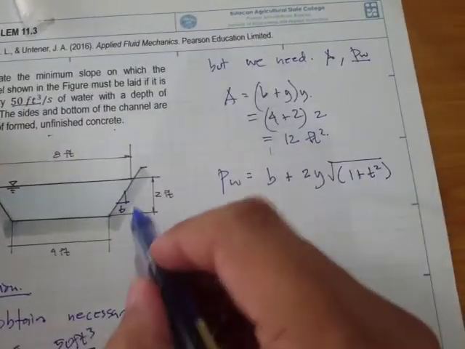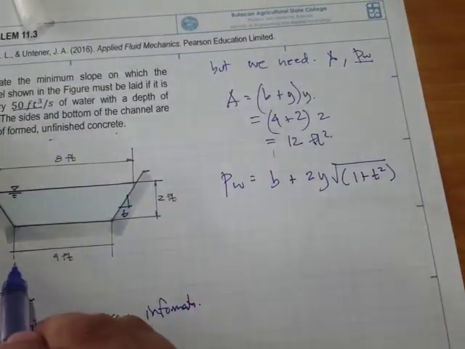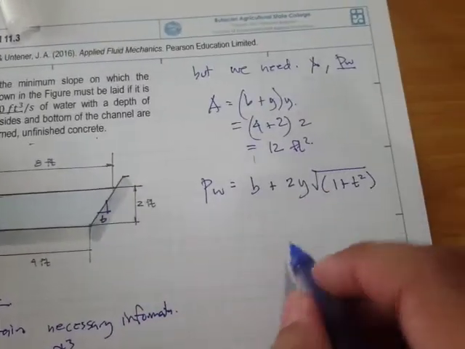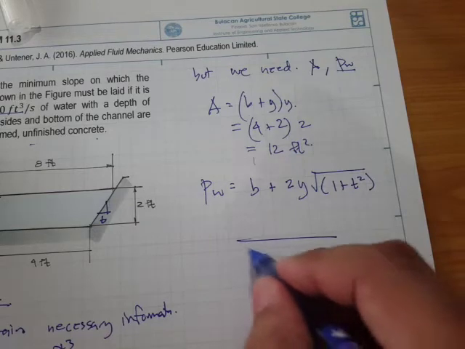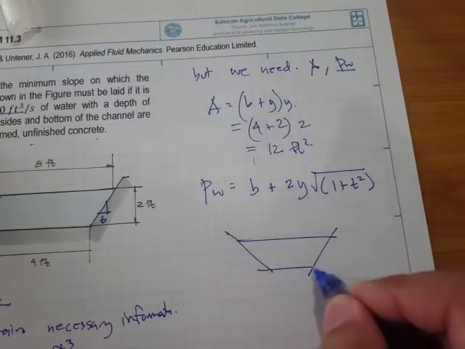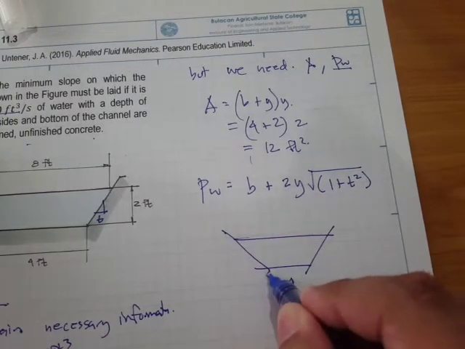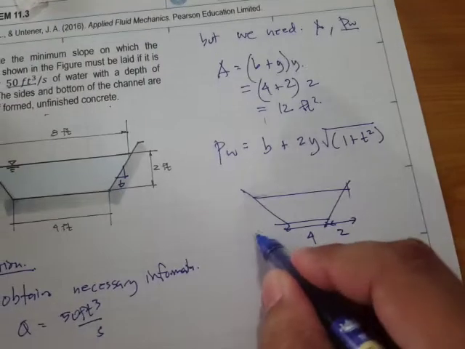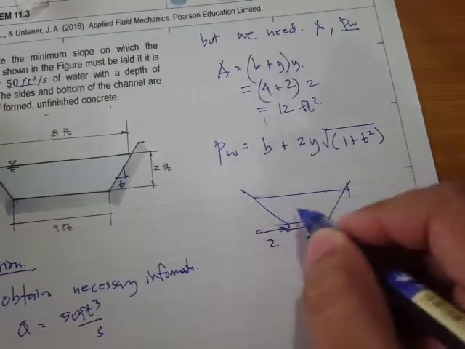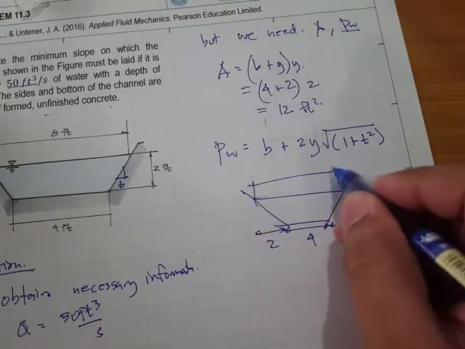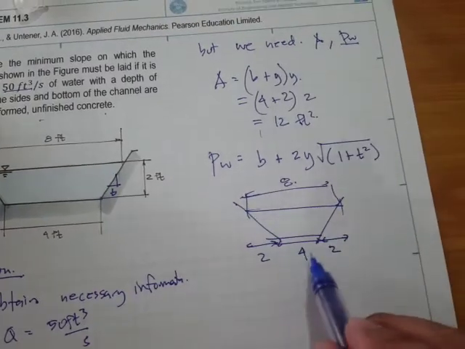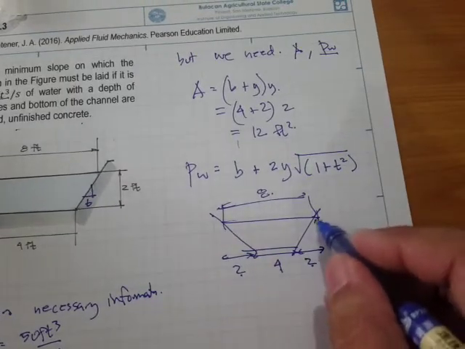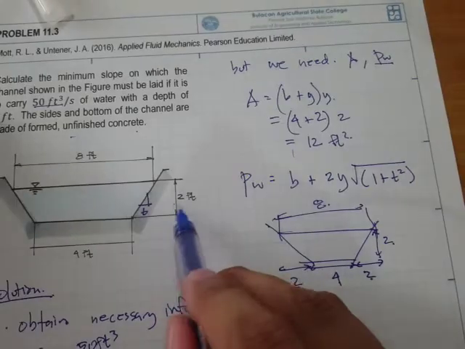Okay, so first we need to analyze. If this is 4, then this one would be 2, and the other one right here would be 2, because the total top width is 8. So 4 plus 2 plus 2, that's 8, and for our height, this is also 2, because that's already given.